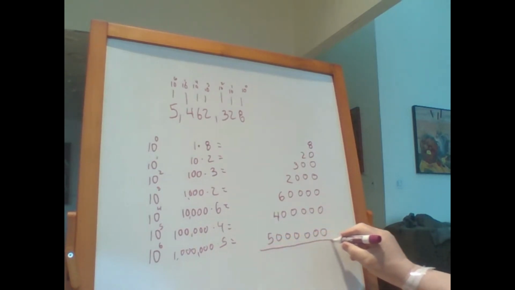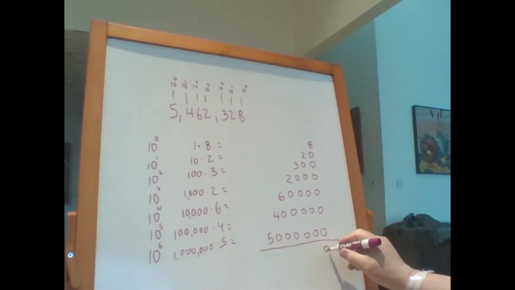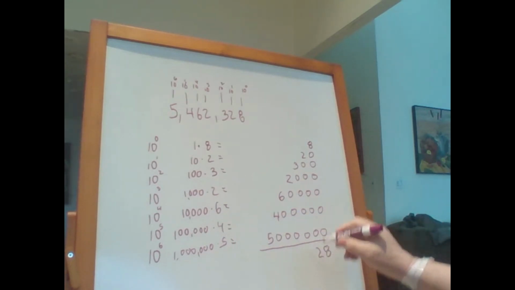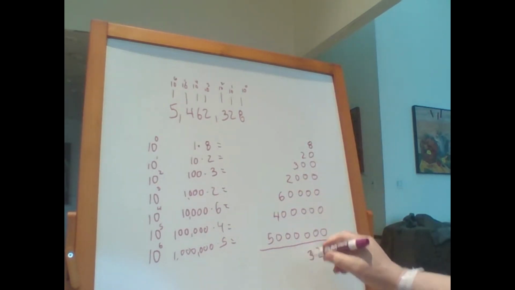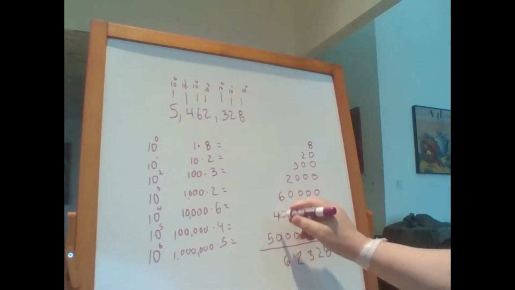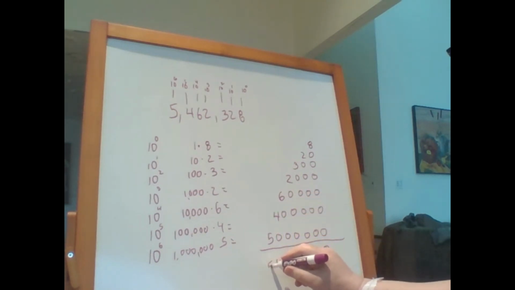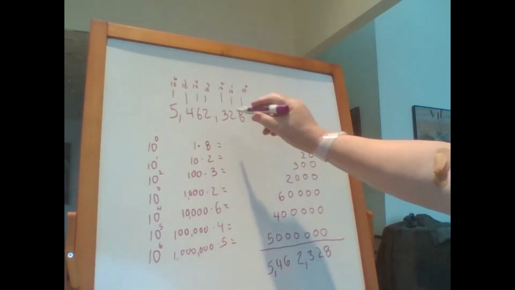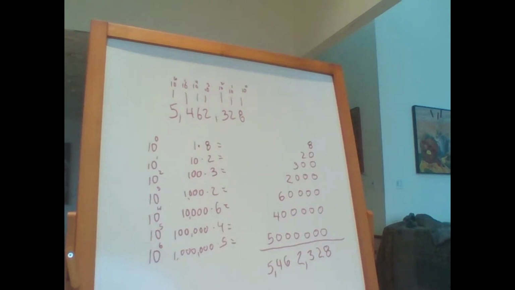And if we add these up, that's 8, 2, 3, 2, 6, 4, 5. That's what this number represents.